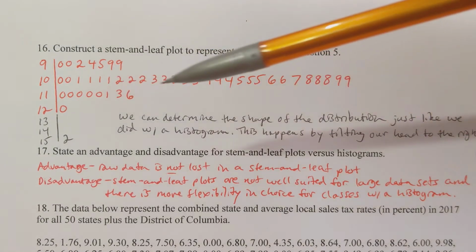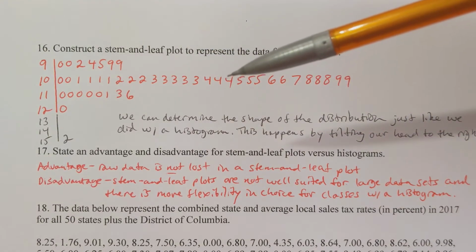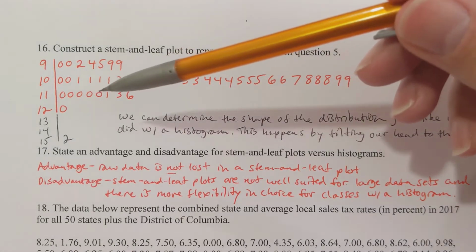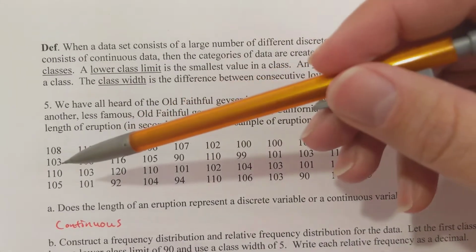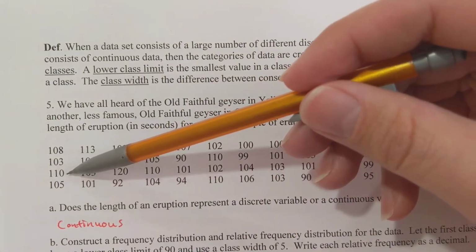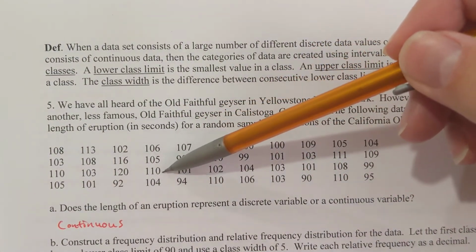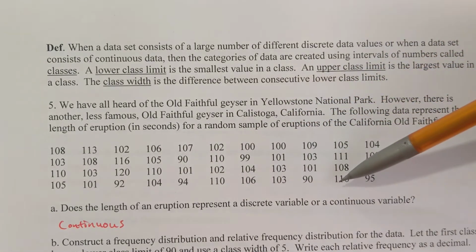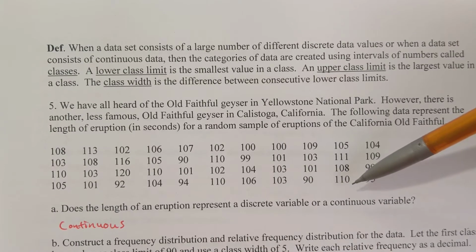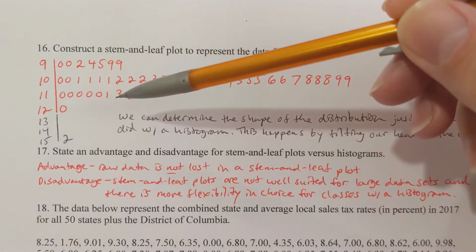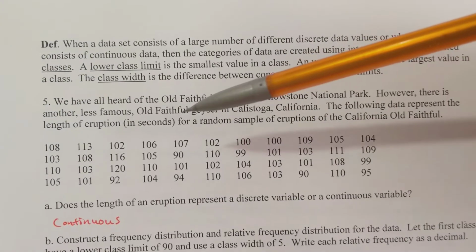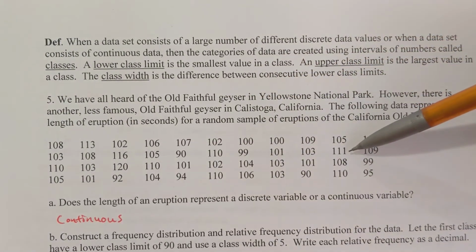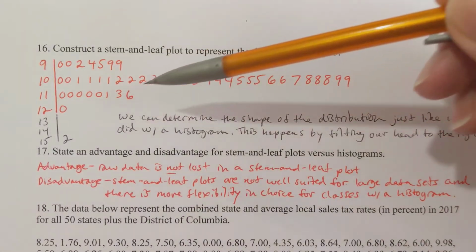Now row 3 would be all the digits in the 110 to 119 group. It looks like there are 5 110s. Let's check that: there's 1, 2, 3, 4, and 5. So I'm going to have 5 zeros. There's a 111 right here, and so I write a 1. There are no 112s.